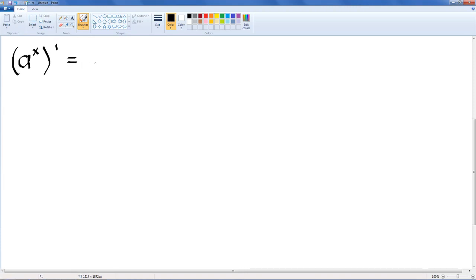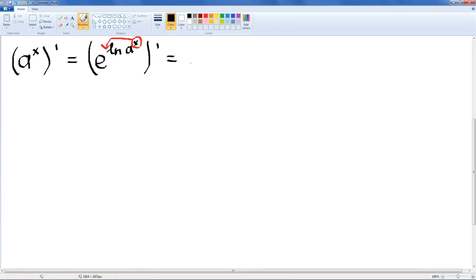So we rewrite it as e to the power of ln of a to the power of x. And we do exactly the same thing, so we put x, this little guy here, we move it over here just like last time.